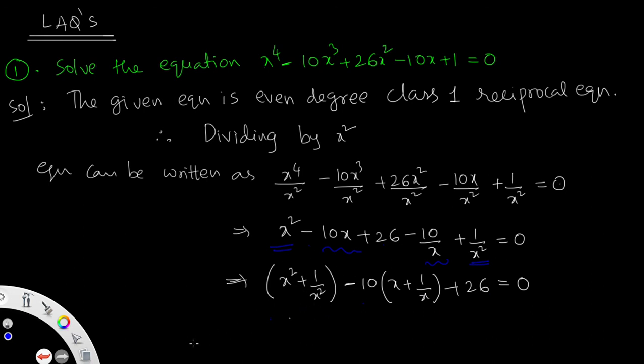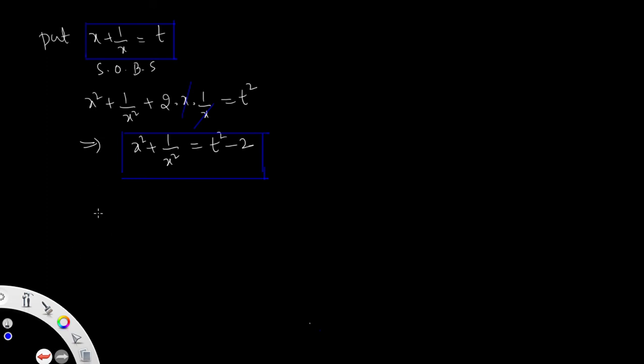So substituting in this equation, we write t square minus 2 and then minus 10 into t plus 26 equal to 0. So that is t square minus 10t plus 24 equal to 0.